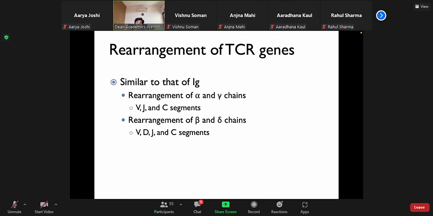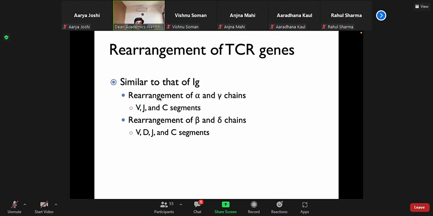We also did talk about the fact that there is a lot of similarity in the rearrangement process of BCR and TCR. And we know that T cells come in two different types, either alpha and beta or gamma and delta, right? Alpha and gamma have VJ followed by the constant segment.